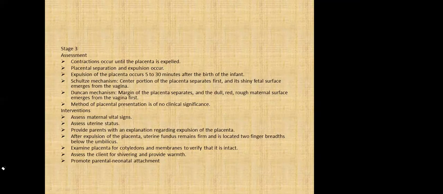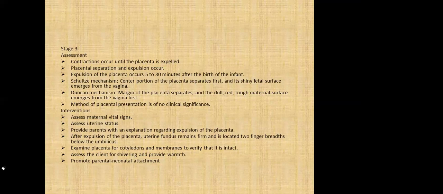Then you provide parents with an explanation on why you have to deliver the placenta. Okay. And then after expulsion of the placenta, the uterine fundus remains firm and is located 2 finger breadths below the umbilicus.